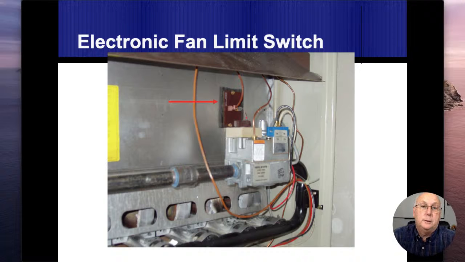Nowadays, with the newer furnaces, and this is pretty much what we're all going to be running into, it's more of a high limit than anything else. It'll send a signal to the furnace when it gets too hot for the furnace to shut down. The manufacturers and the engineers who put all these things together know how long it takes before the heat exchanger heats up.